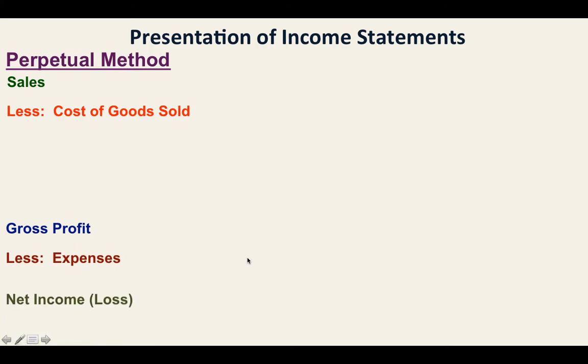Okay, now let's go to the presentation of income statements. On perpetual method, we have sales, less cost of goods sold, will give you your gross profit, less expenses, will give you your net income or loss. Okay, let's put an absolute amount.